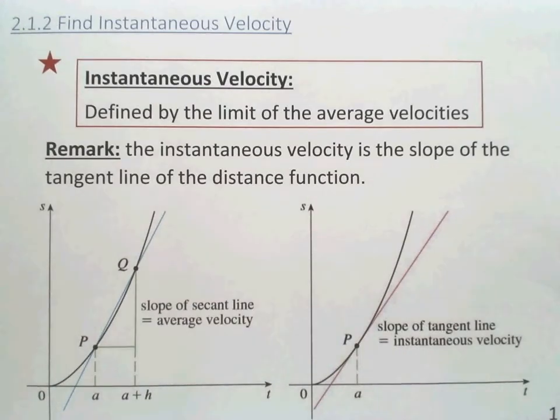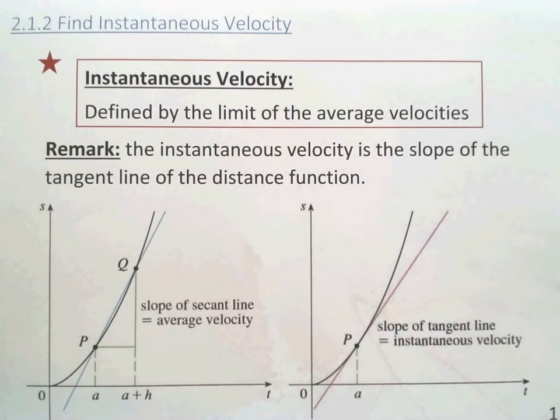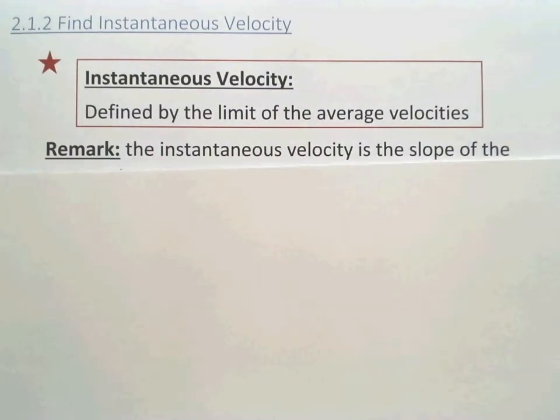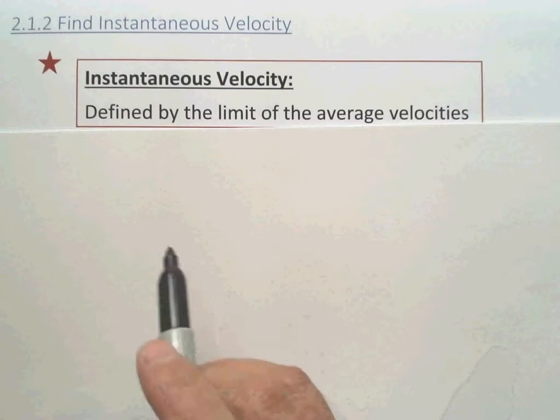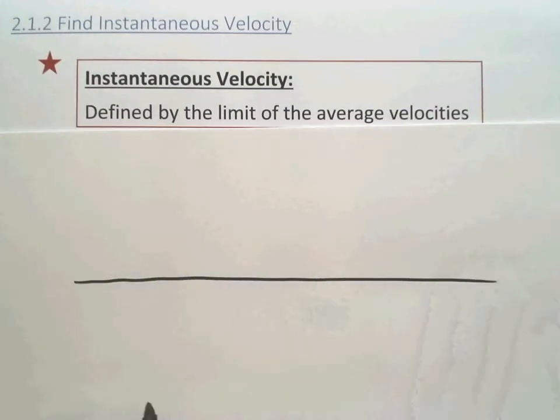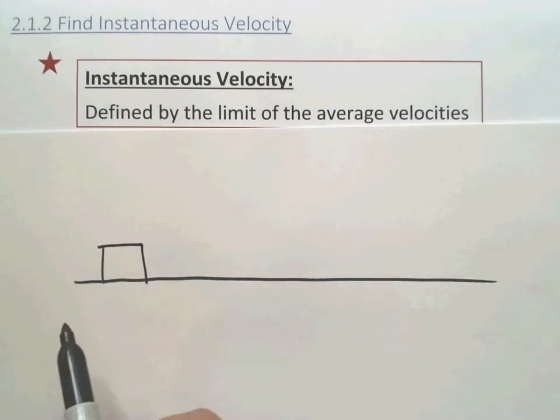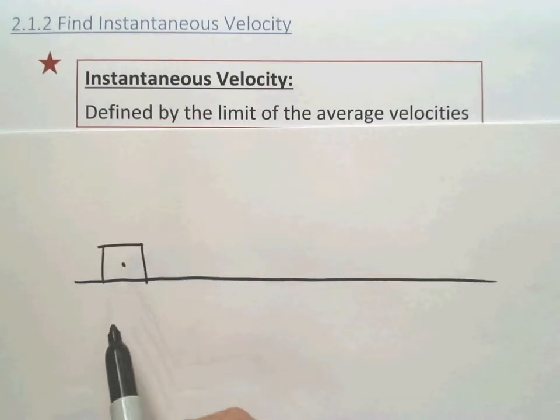So here is the instantaneous velocity. Let me first look at the question. I'll draw here so you can see. Suppose we have this straight line, and an object, a particle, is here at t equals 0 seconds.